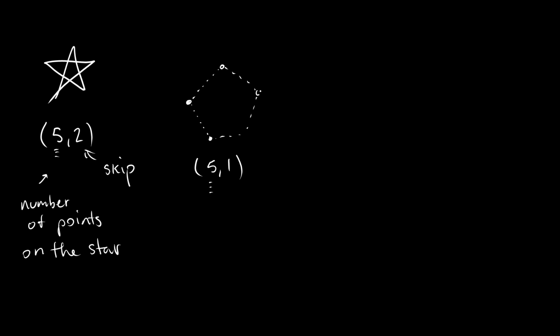I'm going to mark off the points here. And then 5-1 means I'm going to skip 1 every time I go around the pentagon, right? If I label these points 1, 2, 3, 4, 5, what the 1 represents is that I am adding 1 to the point count every time I move.